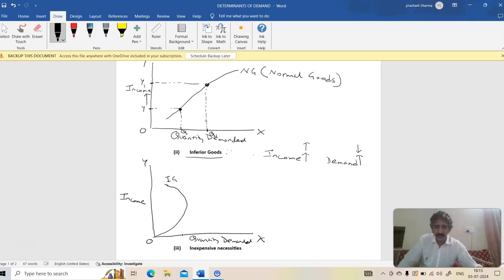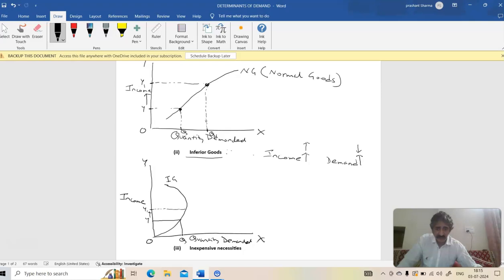Why? So let's say his original income is OY on the y-axis. I'm putting it like Y. At OY income, his original quantity which he buys right now is OQ. Fine. His income rises. He gets an increment from Y to Y1. So what happens?